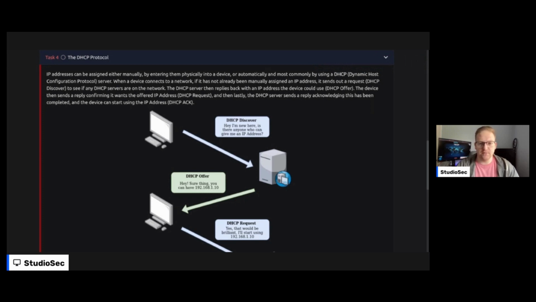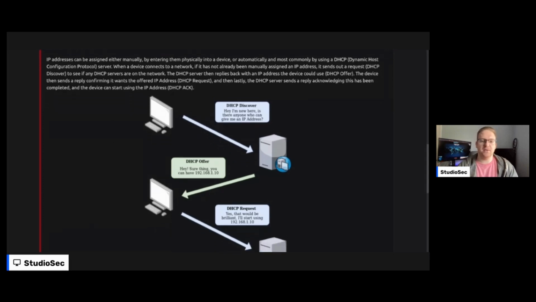The DHCP server then replies back with an IP address the device could use. The device then sends a reply confirming it wants the offered IP address. And then lastly, the DHCP server sends a reply acknowledging that this has been completed, and then the device can start using the IP address.